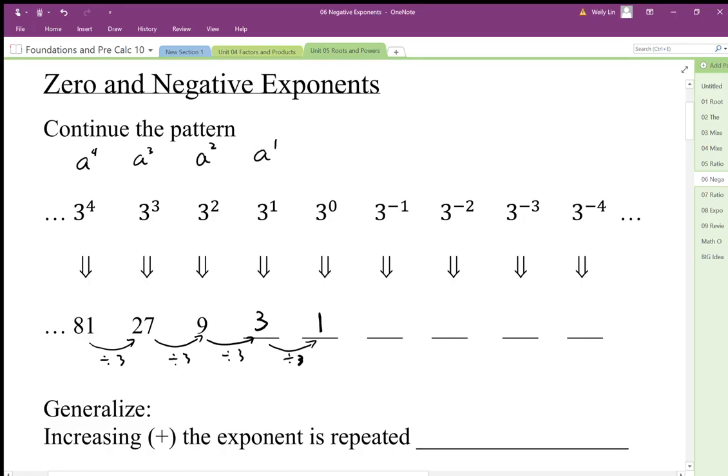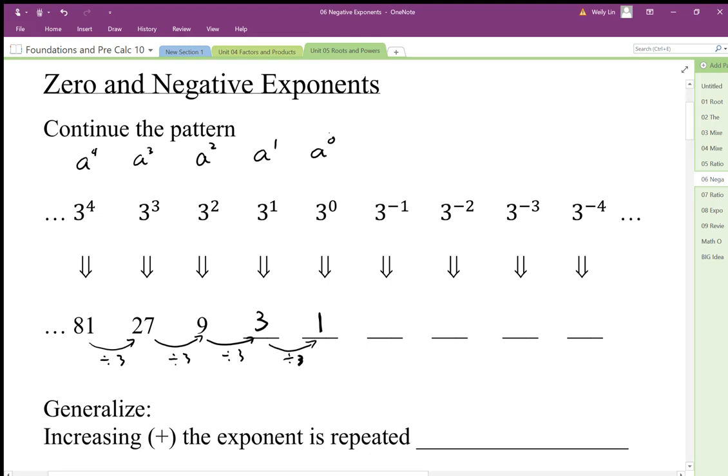And if I divide a by a, I get a to the power 0, and a divided by a must be equal to 1. So if we generalize this for any base, a to the power 0 must be equal to 1. So any power of 0 we define as equal to 1, and we can get there by using this division.